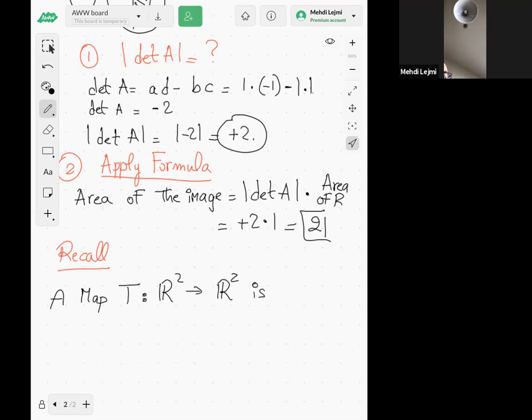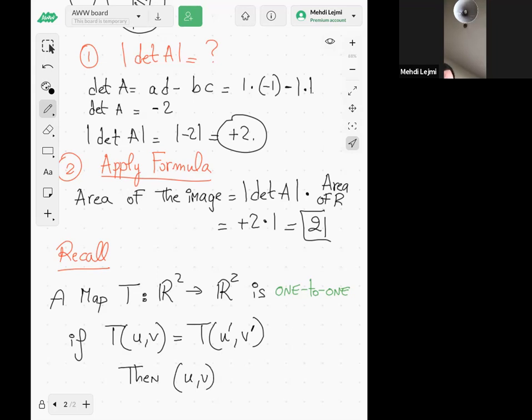is one-to-one if two points have the same image, if T of (u, v) is equal to T of (u', v'), then (u, v) is equal to (u', v').